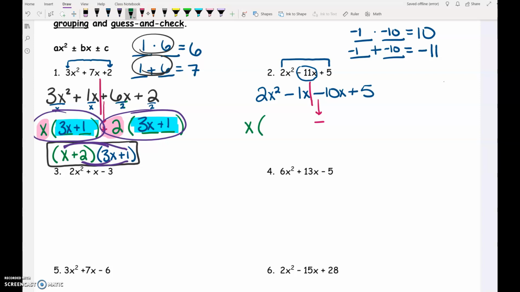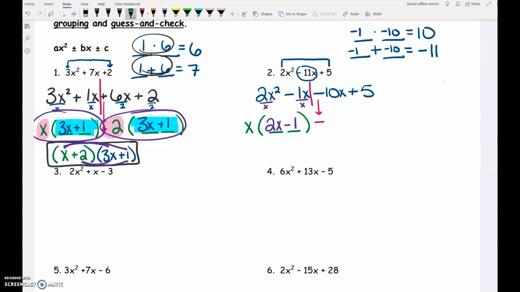Just x, or 1x. It's very common that you won't have a number for this first group, but you will always have an x. Okay, if we take 2x squared divided by x, we'll be left with 2x. Negative 1x divided by x, negative 1.